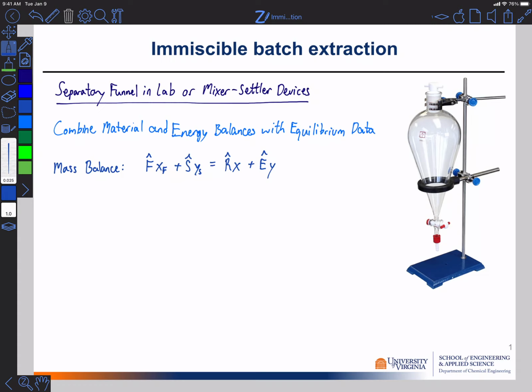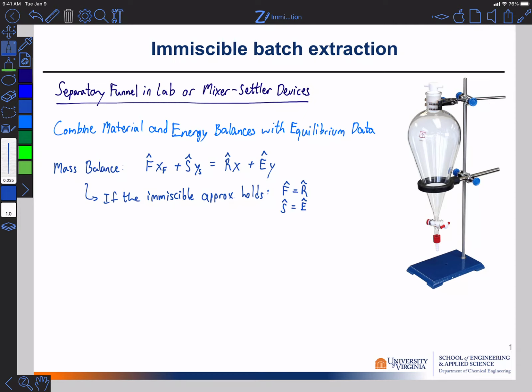If we are in a situation, though, where the immiscible approximation holds, then we can say that ultimately the amount of feed will be equal to the amount of raffinate, and the amount of solvent we add will be equal to the amount of extract that we recover.